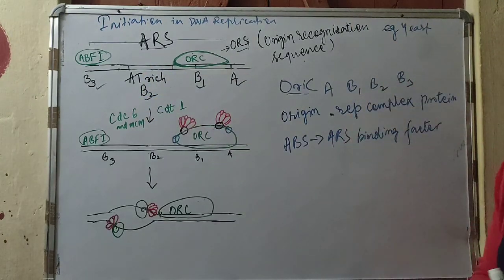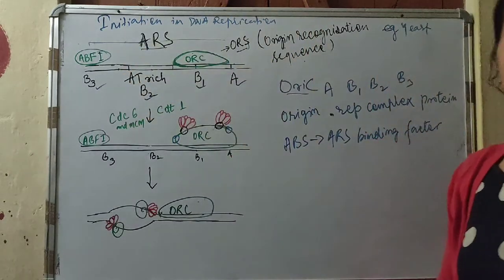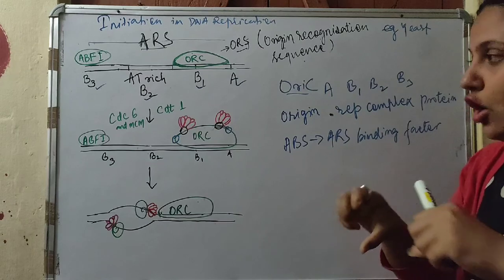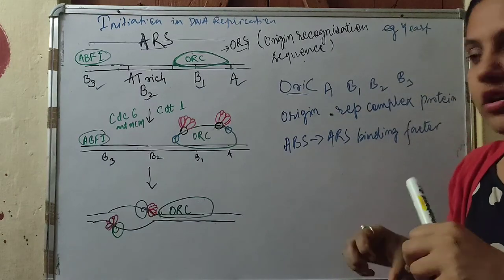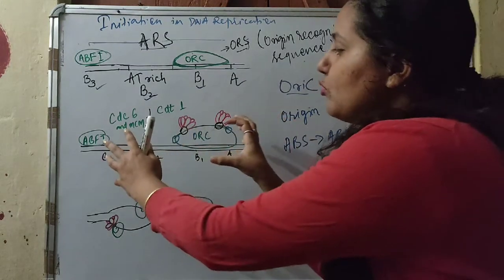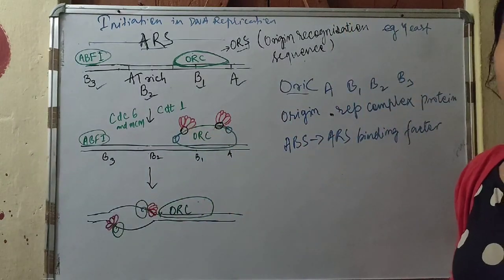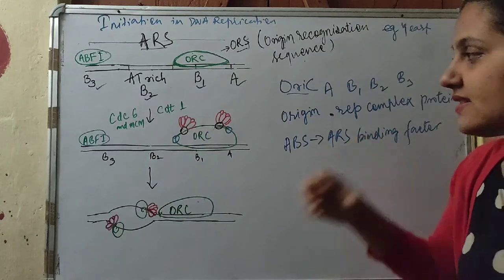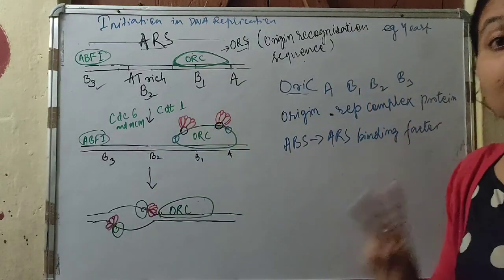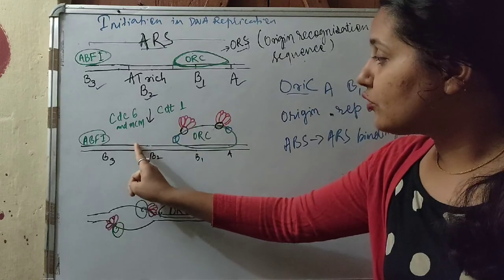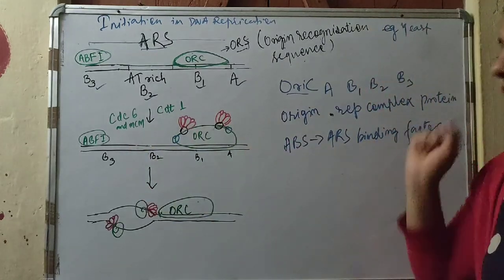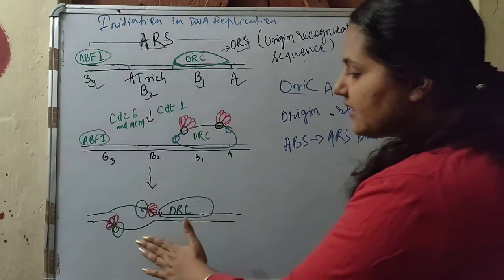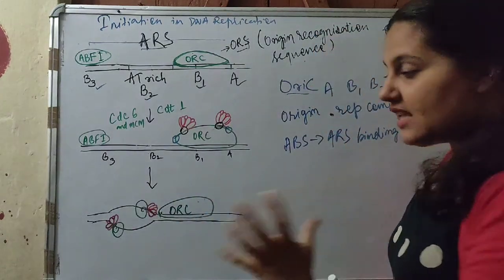As in E. coli, here also the AT rich region will start to melt because of torsional hindrance or some kind of stress, because the protein has been loaded on both sides, so there will be stress in the AT part, and since it is easy to break the double bond, the AT region over here will start to melt. And in the next diagram, the AT region has melted.